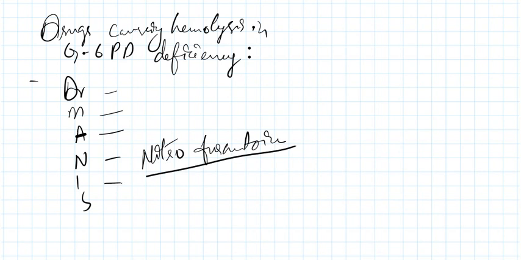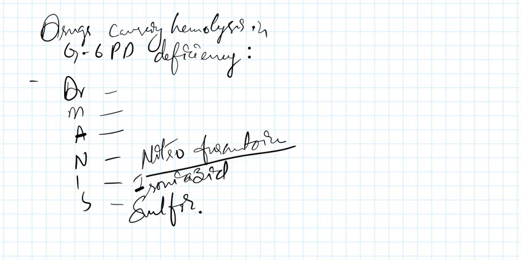And I for isoniazid. Isoniazid is also important, and mostly you will get questions on isoniazid. And S for sulfonamide, right? So these are the drugs which cause hemolysis in G6PD deficiency.